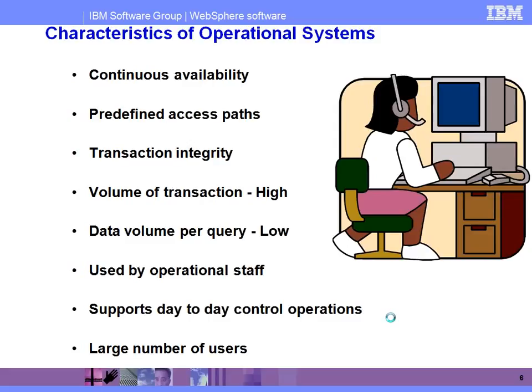What are those? Any operational system is going to be available continuously, 24/7. For example, a call center in a bank or in a telecom sector is going to be available 24/7.